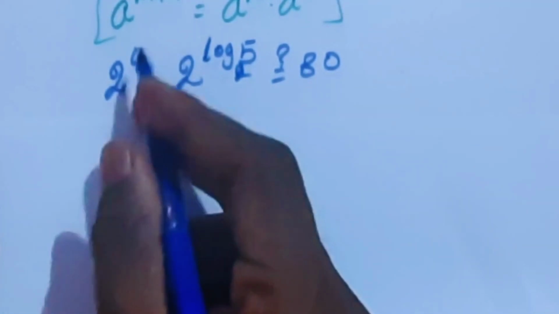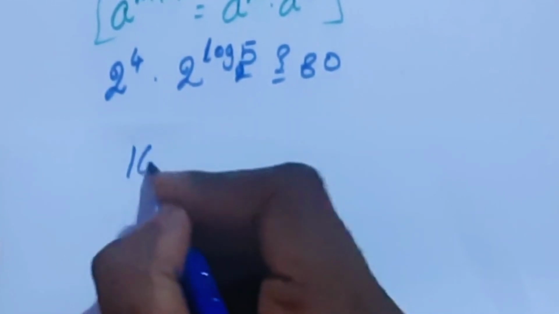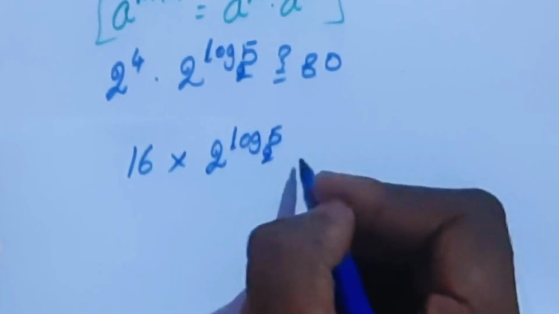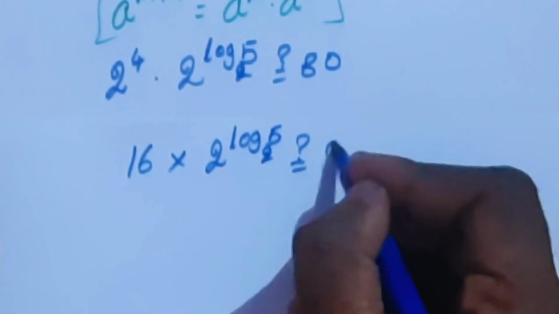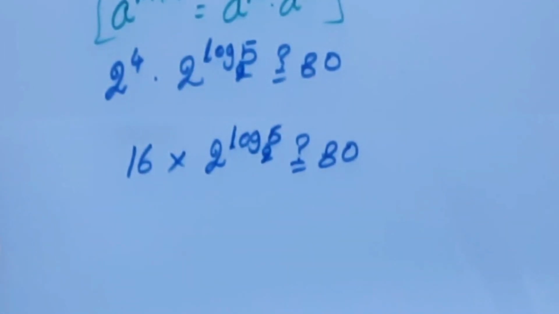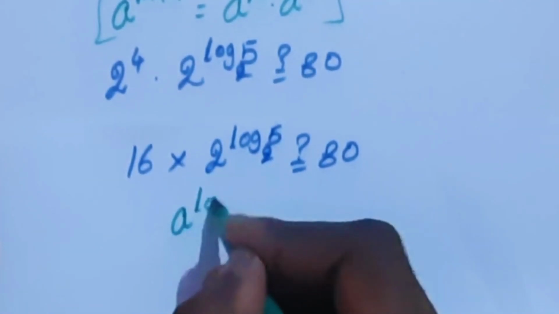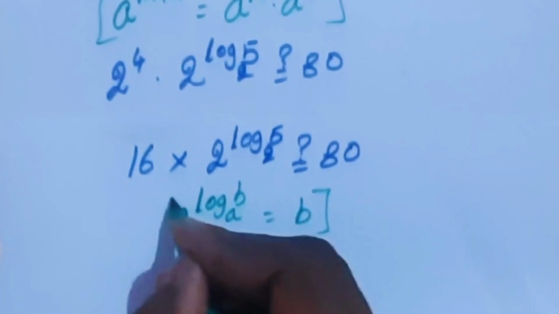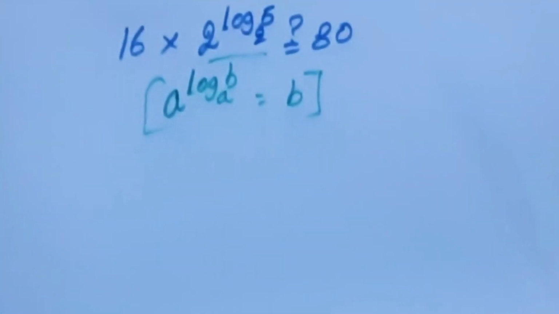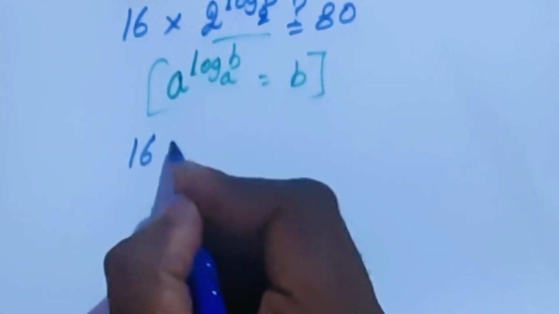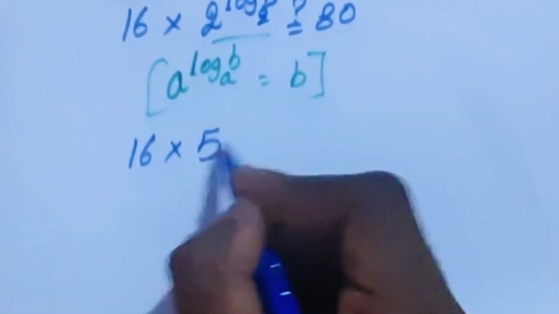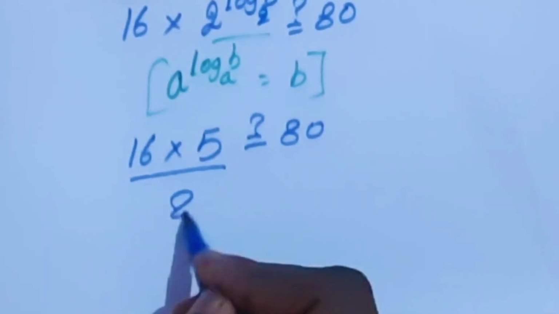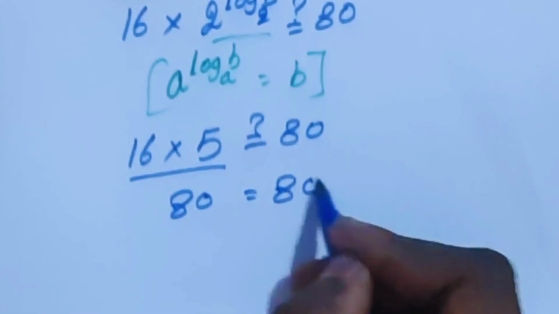Now here this 2 power 4 can be written as 16 times 2 power log 5 base 2 equal to 80. Here a power log b base a equal to b. This we are going to apply here. So 16 times 5 equal to 80. This is 80 equal to 80.